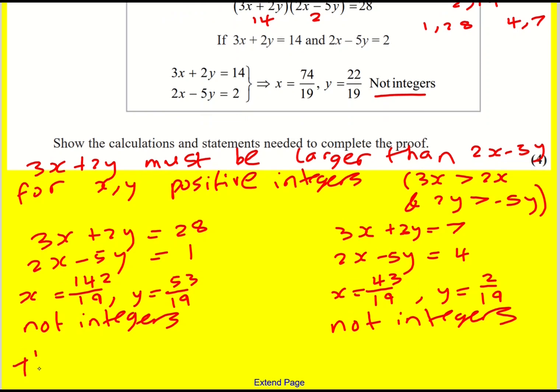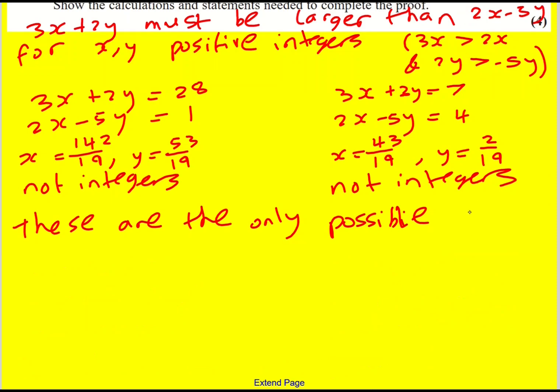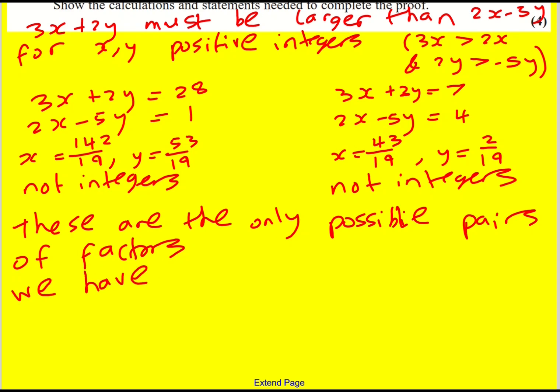So these are the only possible pairs of factors, and hence we have a contradiction because we assumed there were integer solutions.